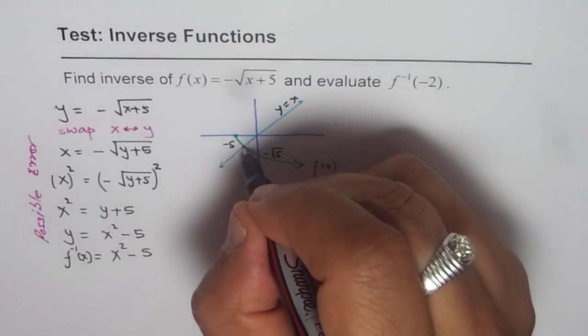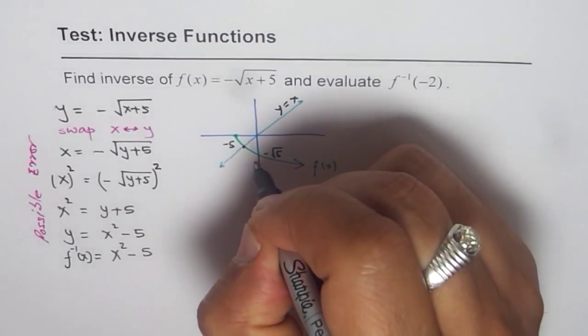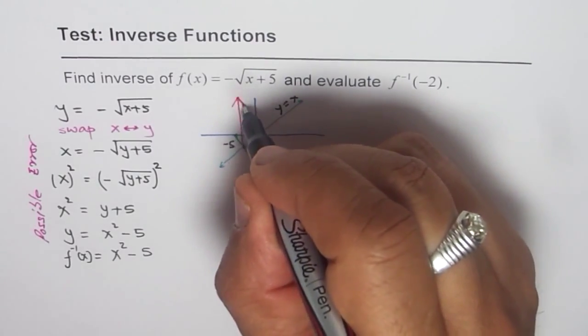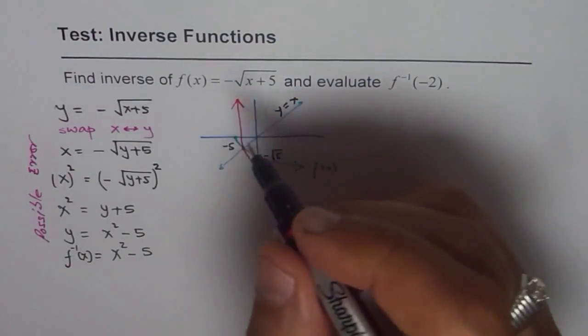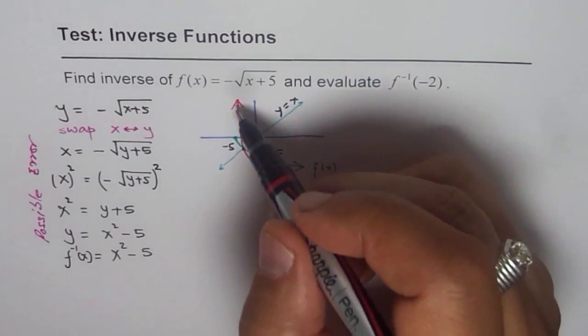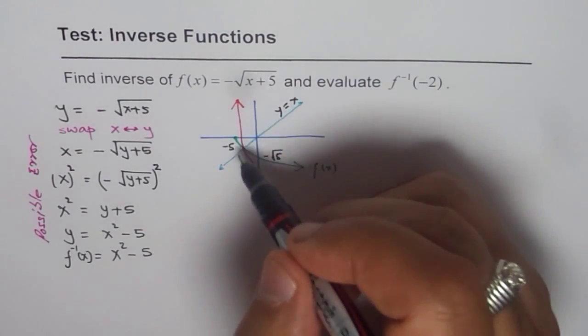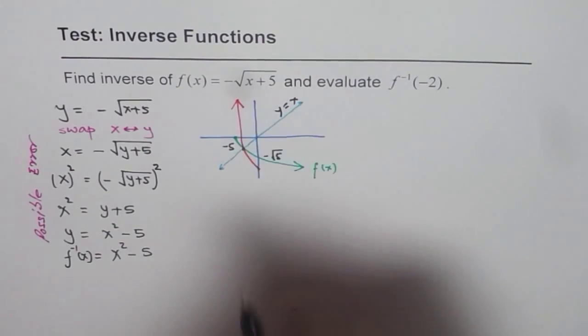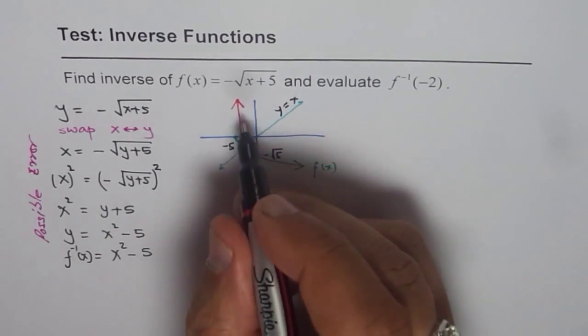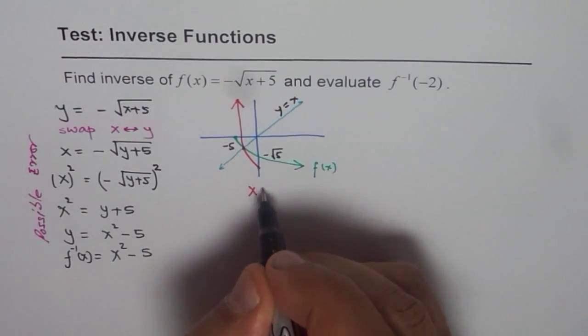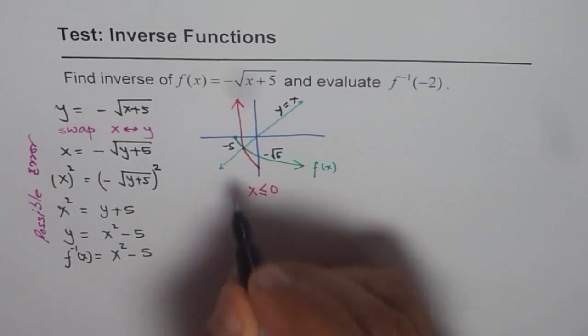And this is an invariant point, so my graph should be kind of like this. Okay, so I've just drawn it. Now, although we didn't calculate any values, we know one thing: the inverse is kind of like this, which gives us an idea that the x value is less than or equal to 0.